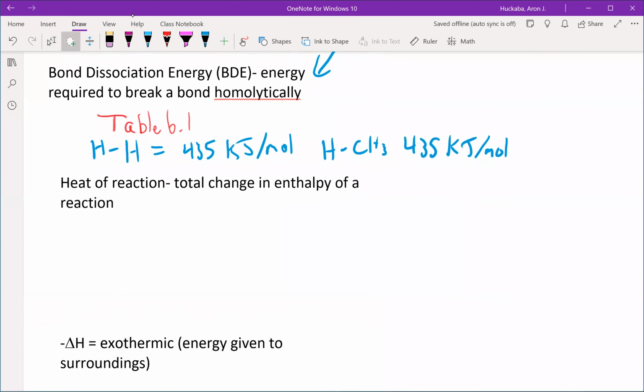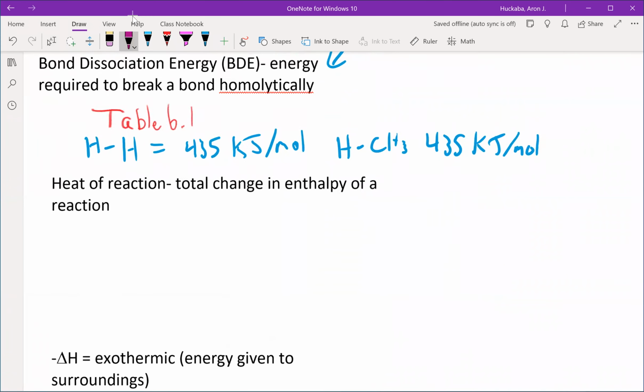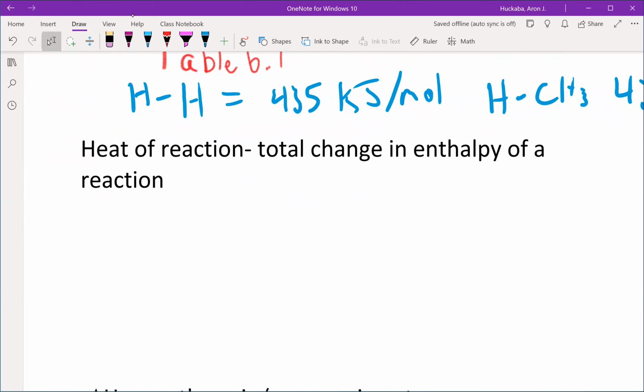If you have a reaction like this, you're taking H2 hydrogen and you are going to add this methyl iodide compound and react them to get CH4 plus HI.